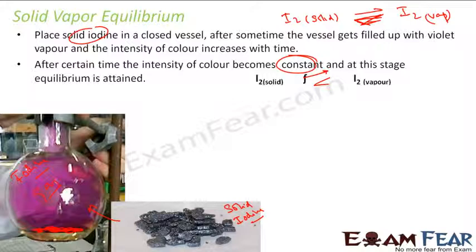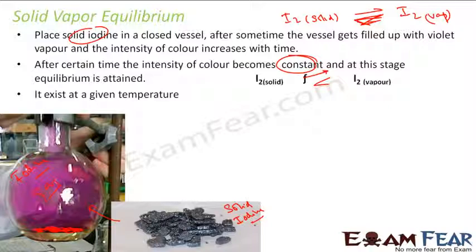Logically, if you have more iodine, it should evaporate and convert into gas, and it should become darker. But that doesn't happen. After a certain stage, it stops, and that stage is called equilibrium. And it exists at a given temperature.